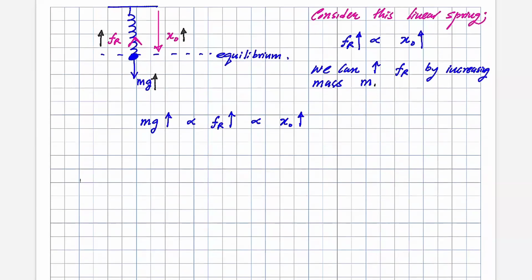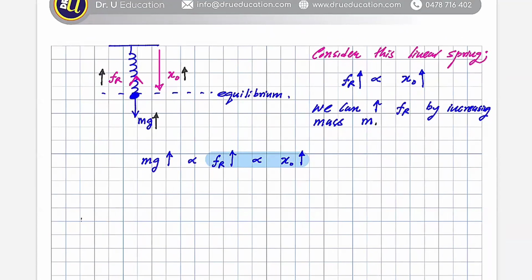Now, I'm going to consider these two only. Why am I going to consider these two only, you tell me? Listen to my explanation and you will understand. This FR and x0 both are acting on the spring. I told you that FR is acting on the spring, and x0 is the extension of it. Right? So that's why I'm going to consider these.